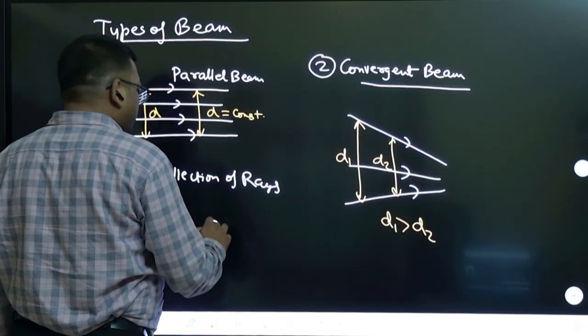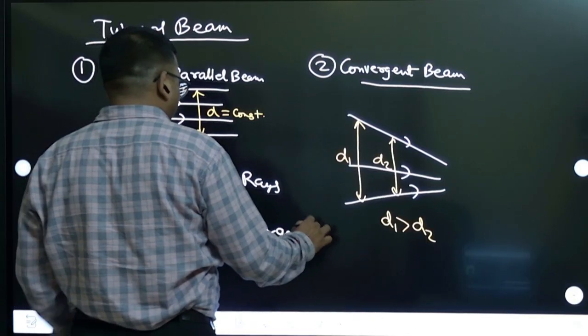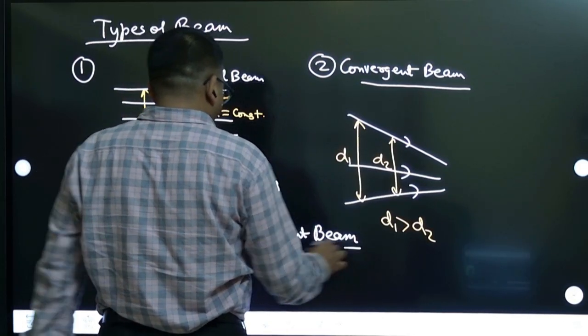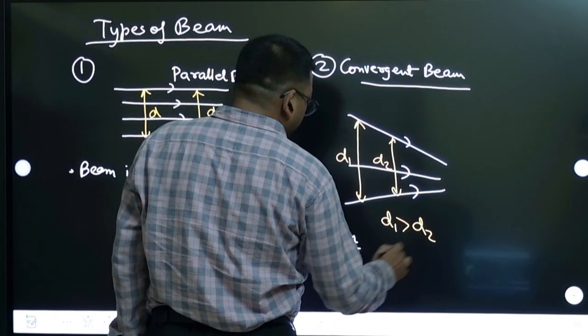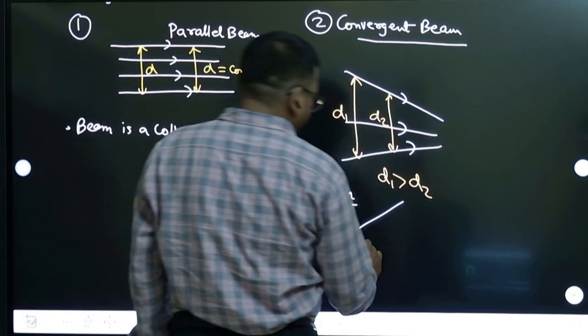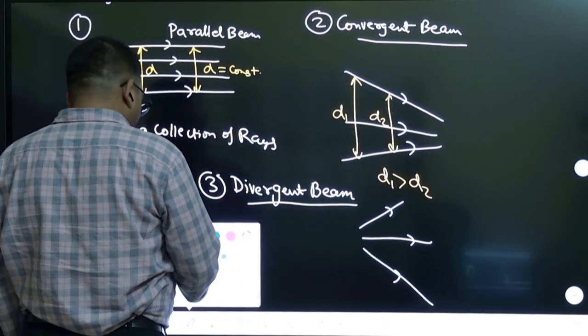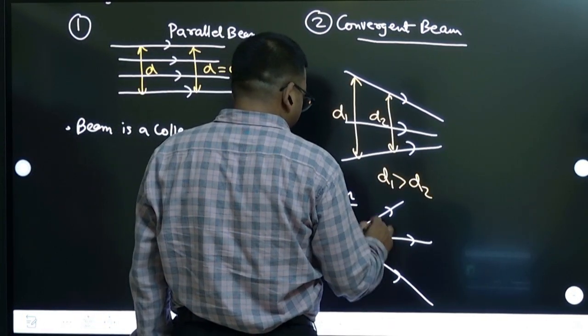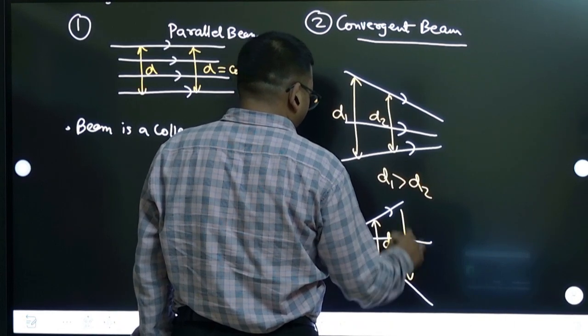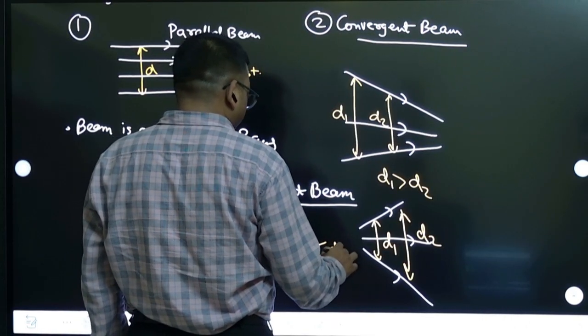And the third one is called a divergent beam. Divergent beam means it will be like this, so the radius will keep on increasing. If I take this radius or diameter as d1 and d2, here d1 is smaller than d2.